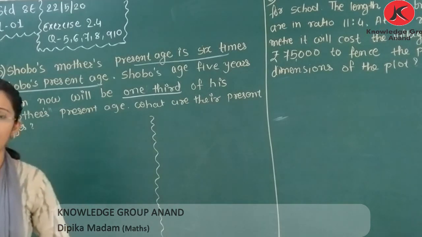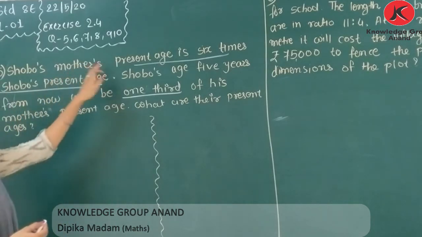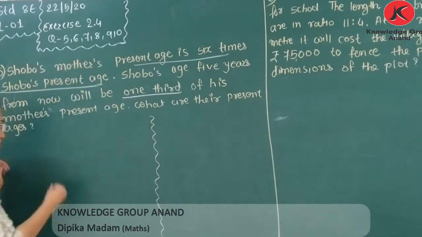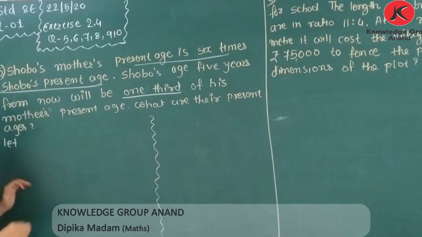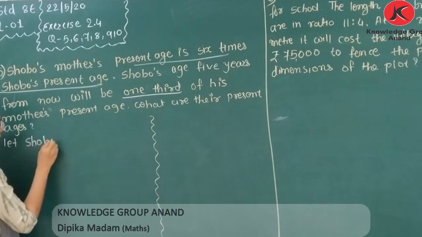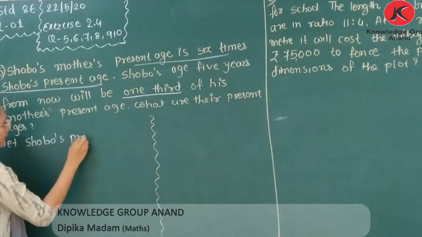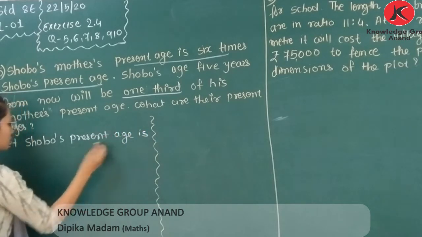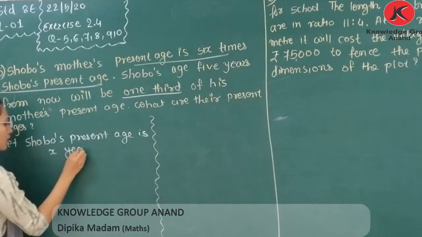So first of all we need to write the value. Let Subhu's present age be x years. Because we don't know what is the Subhu's present age, so we assume it as x.